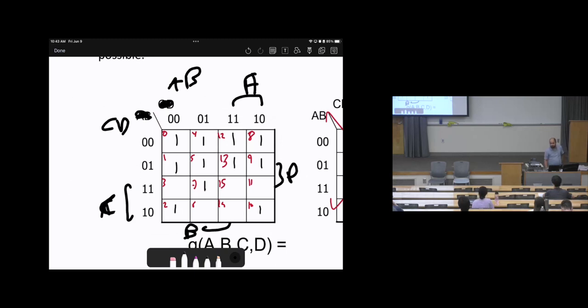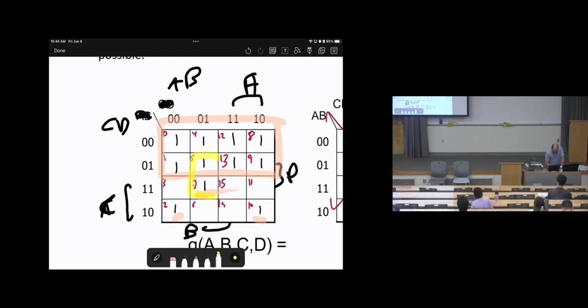Yes, we can group these 8s. What else remains? This one remains, this one remains, and this one remains. Now, how about taking this one? Can we group it in 8s? No. Can we group it in 4? This is only 3, we cannot. Can we group it in 2? Yes.